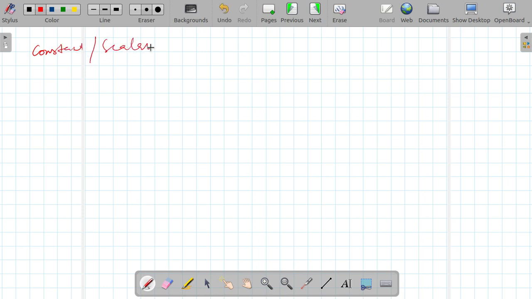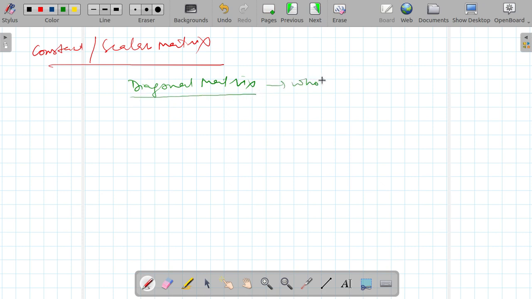Then let us talk about the constant or scalar matrix. A matrix is said to be a constant or scalar matrix if it is a diagonal matrix whose diagonal elements are all equal.